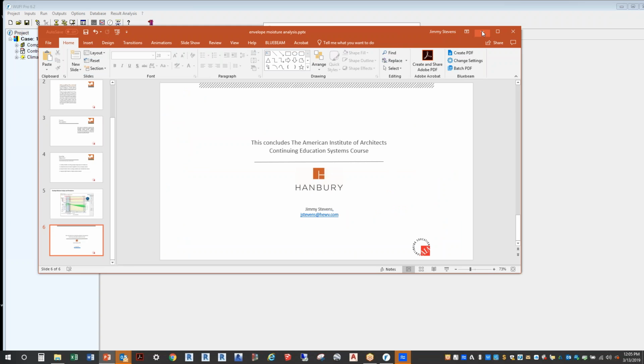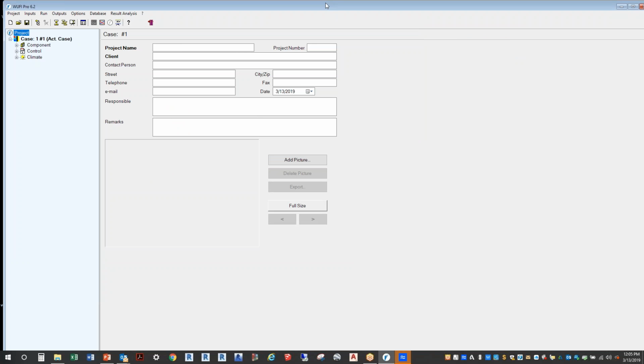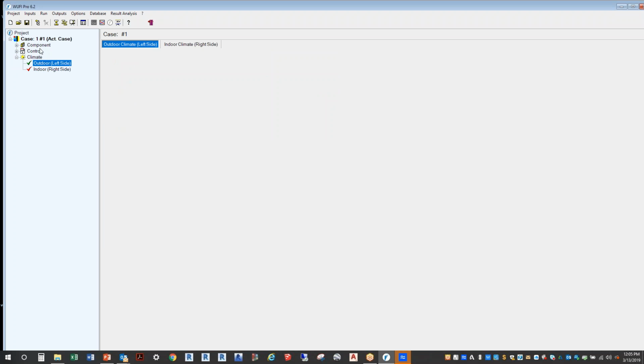So let's go ahead and go right to WUFI. This is the home screen. This is the project screen, and so you'll fill all this out. I'm not going to go through it, but you can add a picture of your project and so forth. And then the next step is you go to your climate.